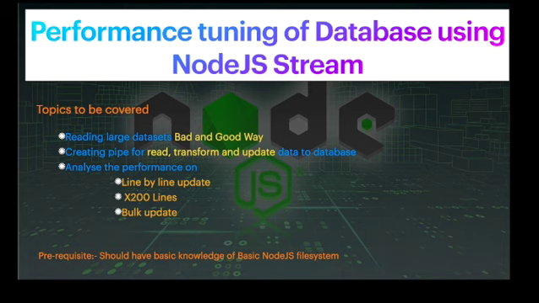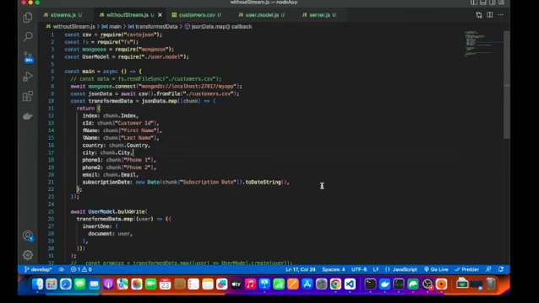So let's directly jump into our code and see how the performance is going. This is our code, and it is very simple. First we are connecting to our database. We are reading the data and converting it into JSON data.